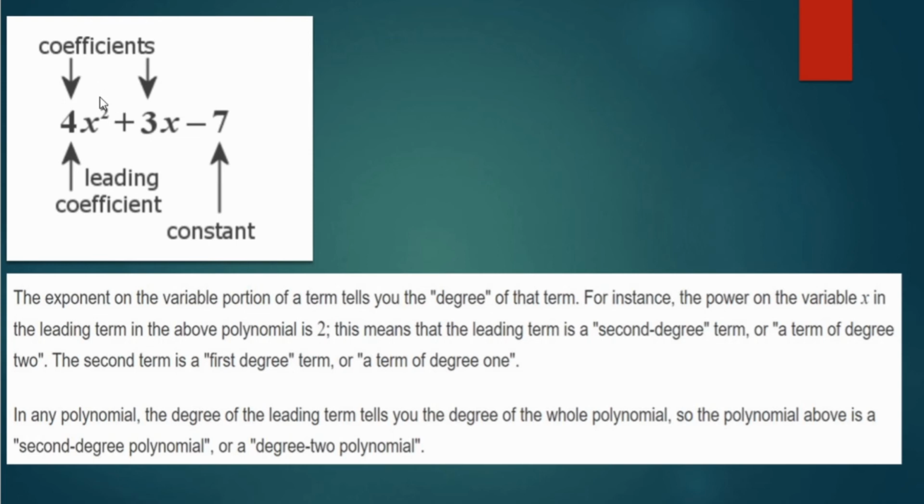Therefore, this is the second degree. This is the highest exponent, and since it is the highest exponent, it is said to be your degree. Again, the highest exponent is your degree. If this is 2, therefore, the degree of this polynomial equation is 2.